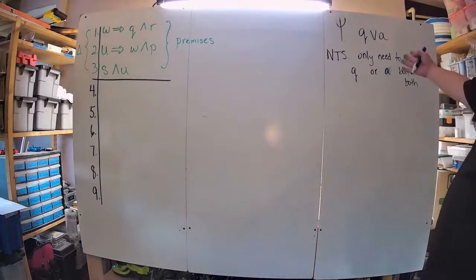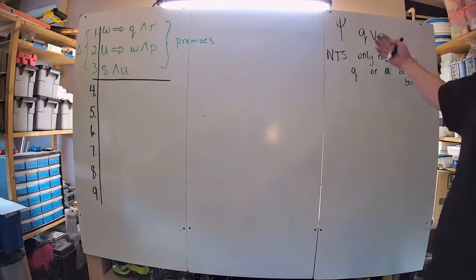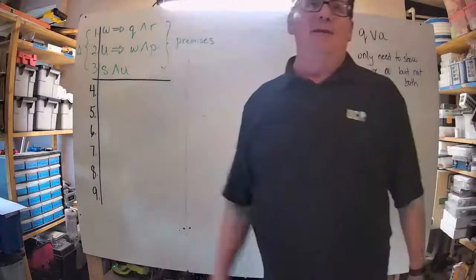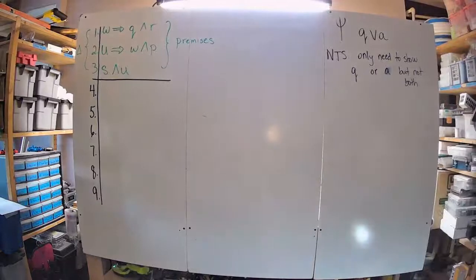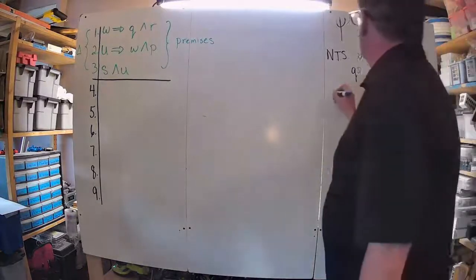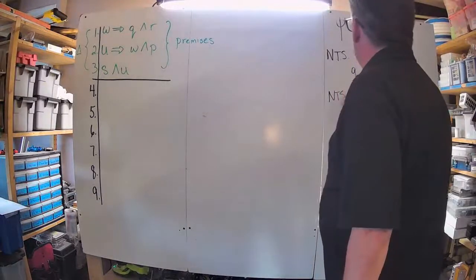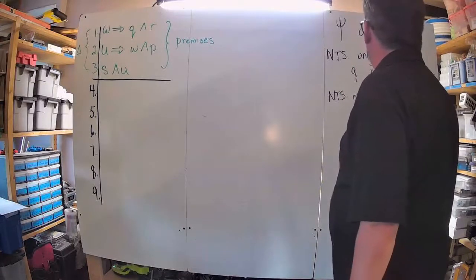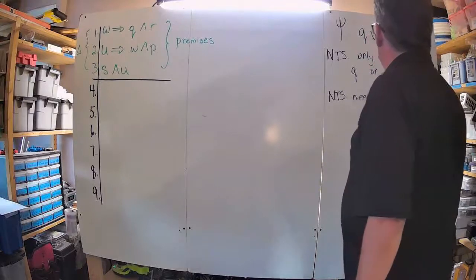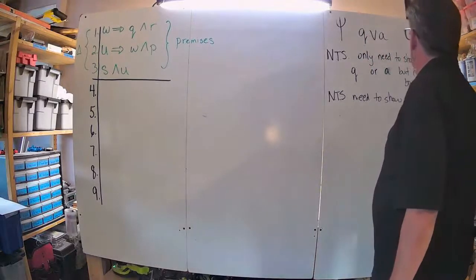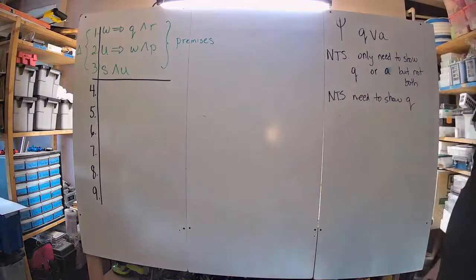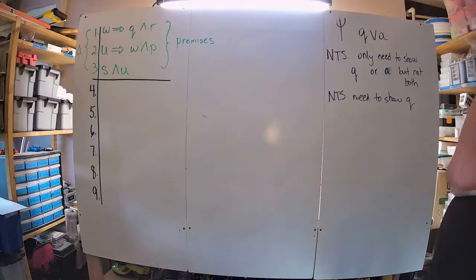Then I look at these propositions, and I notice that A isn't even involved in any of my premises at all. So now I'm going to say note to self number 2. I probably need to show Q, and then I will use or introduction to show Q or A. So how can I show Q over here?